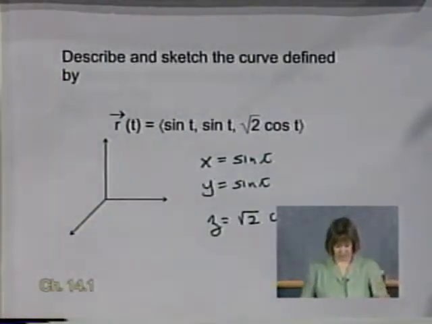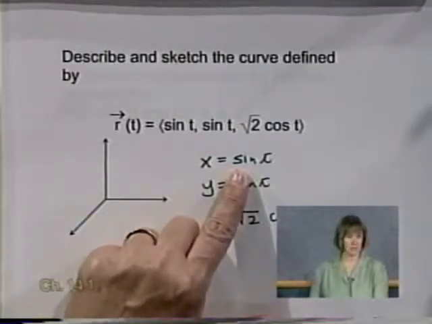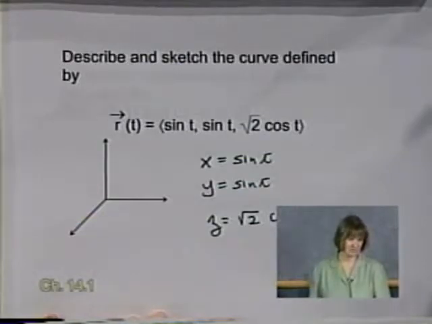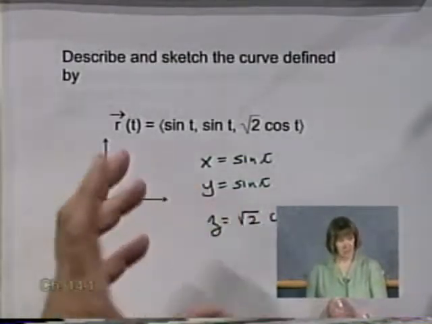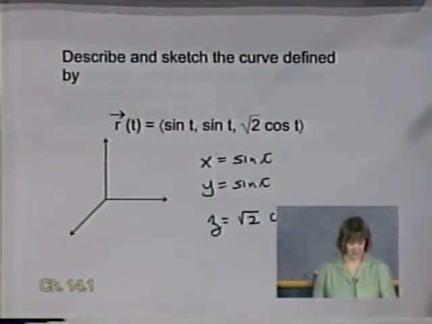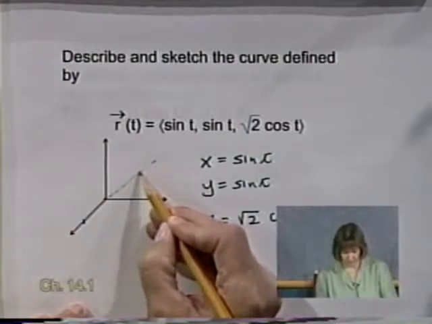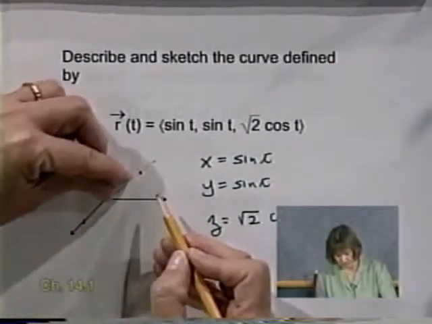Now, notice, since x is sine t, your x coordinate can never exceed 1 or go below -1 because the sine is always between -1 and 1, right? And since y is sine t, again, the biggest y can get is 1 and -1. So if I look at my graph here, I should make it to scale. That would be nice.